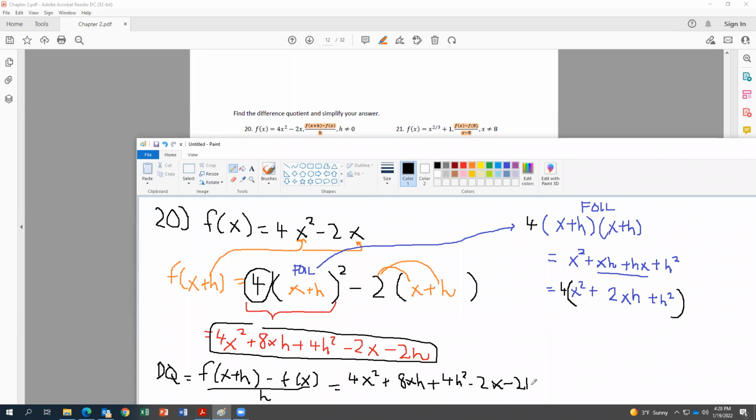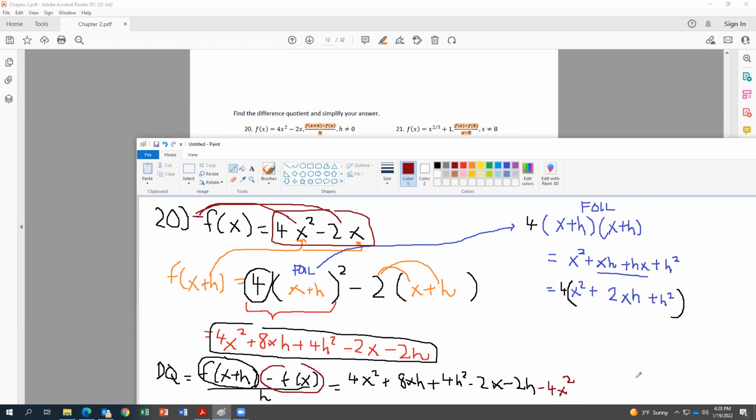This is just f of x plus h. And then we need to subtract f of x. Now don't forget, this is f of x, and we need to subtract it. When you subtract it, like what we did over here, the negative has to be distributed. So you will get a negative 4x squared.